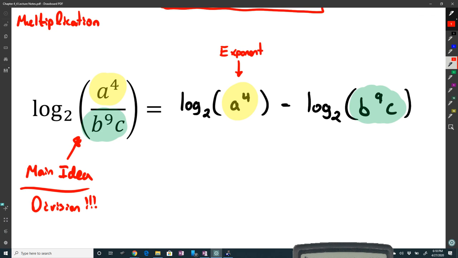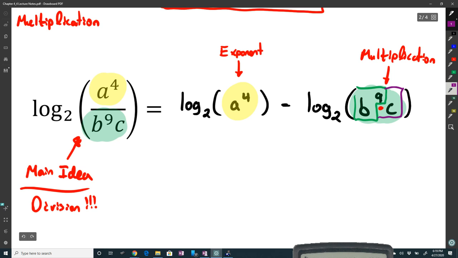Here, the main idea is actually, again, multiplication, because we have two things being multiplied to each other. So just because an exponent's there doesn't mean it's the main idea. It could be, but you got to watch out.